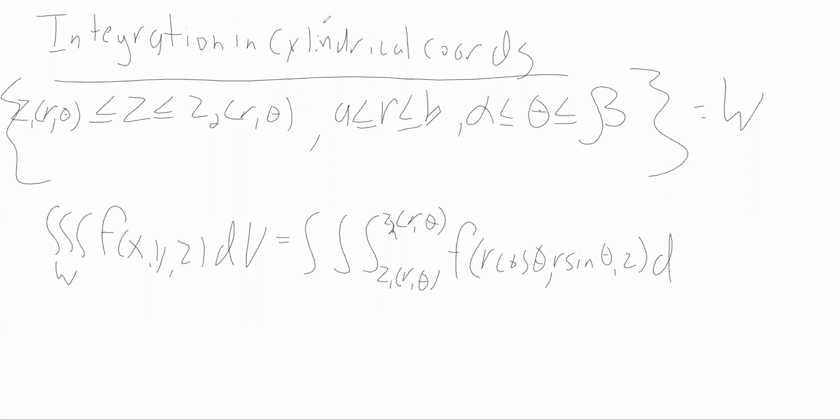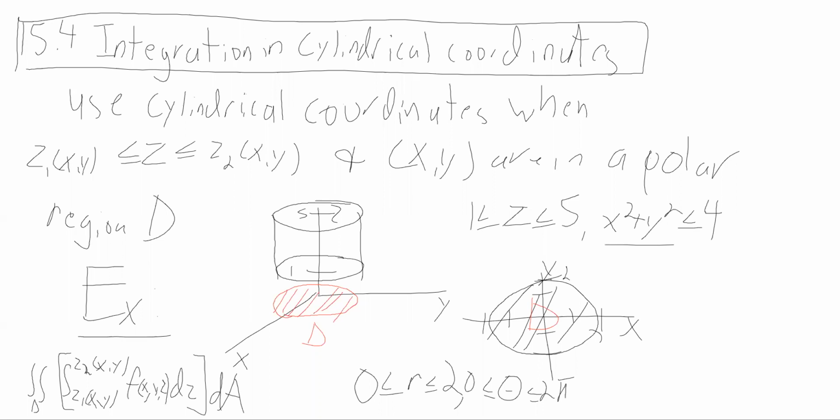So first integrating with respect to z. But remember, when we did things here, first we integrated with respect to z, and then D was a polar region, so we switched to polar. And what is dA when we integrate in polar? When we're in rectangular, dA is just dx dy or dy dx. What is dA in polar, though? Is it r dr d theta? Right. And we have to do the same thing here.